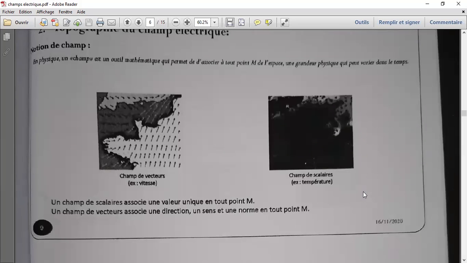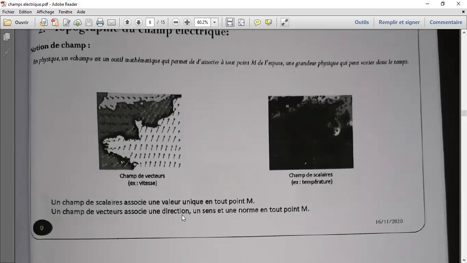If I remember correctly in your physics, a scalar quantity is one which only has magnitude but has no direction, and a vector quantity is the one which has magnitude and direction. It's the same thing here.